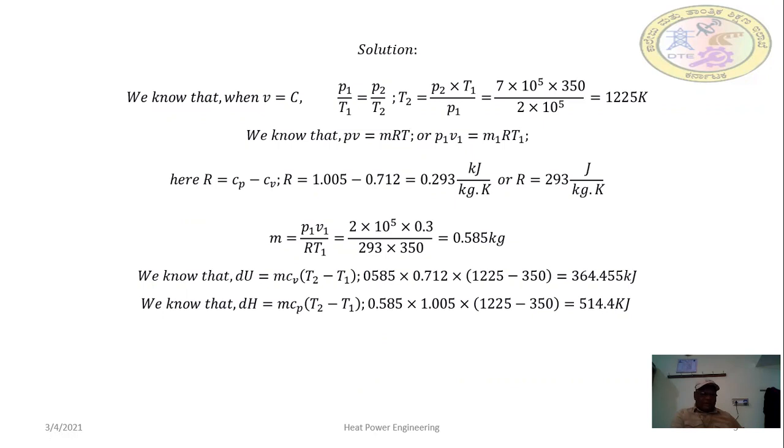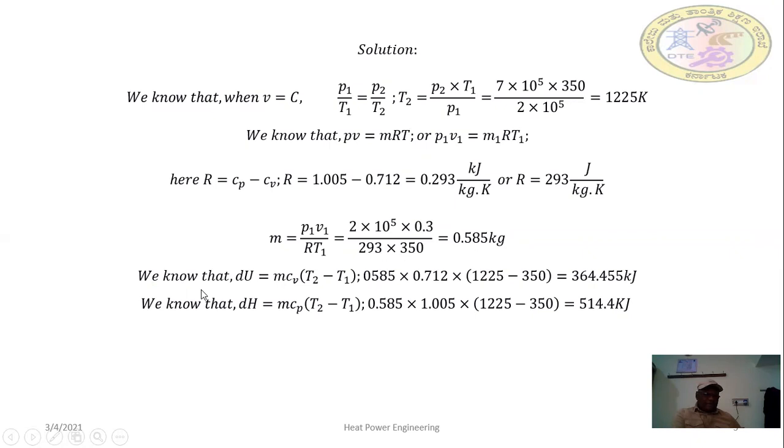Next, substituting the values, we get m equals P1 V1 divided by R T1, with the initial pressure, the constant volume, 293 as the gas constant, and 350 as the initial temperature in Kelvin. After simplification, the mass of the gas inside the container is 0.85 kg.